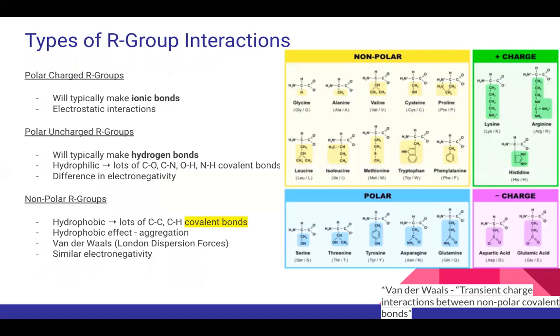So when we talk about amino acids, there are certain categories of R groups. Polar charged R groups are the green and the purple boxes, and the blue box is your polar uncharged.